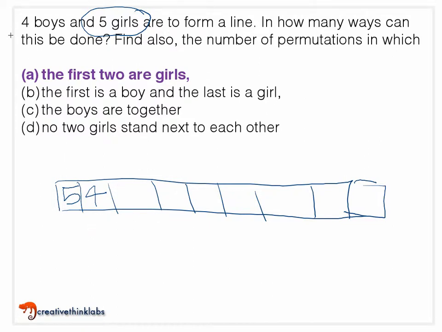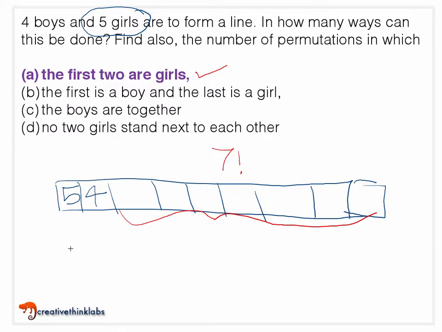Now there are 7 available slots, so we can arrange the remaining 7 in 7 factorial. So to answer this question, how can we permute in such a way that the first 2 are girls?